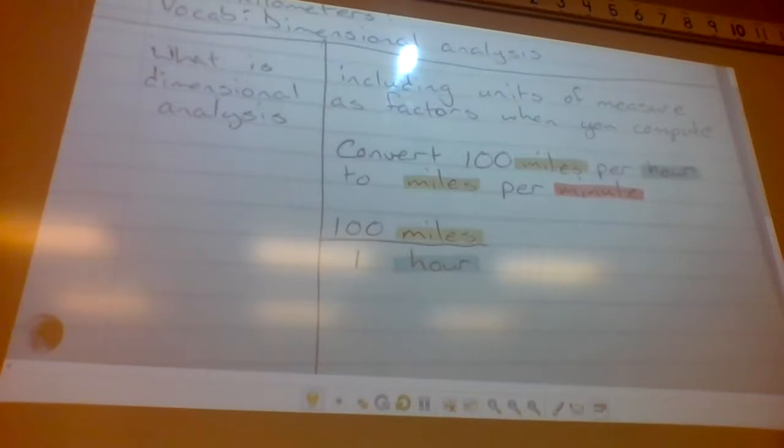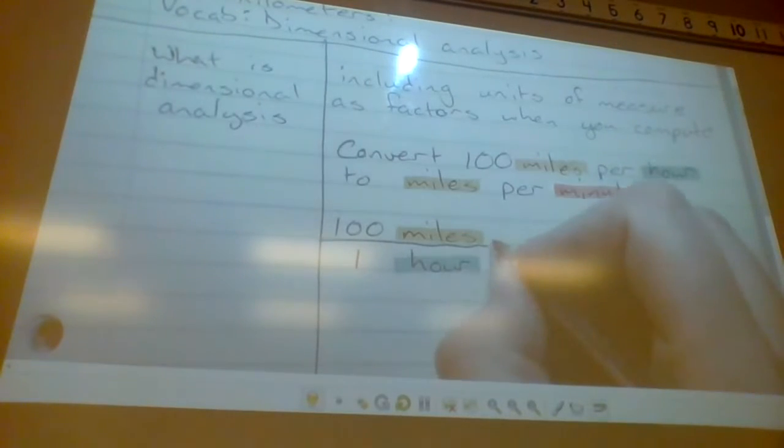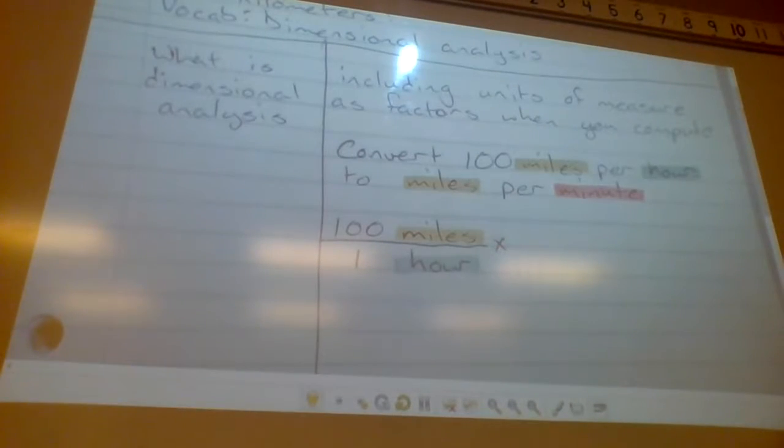Okay? Here's the reason I do this. How many of our labels actually change? One, and just one. Everything we do today is going to be a whole lot of multiplying.